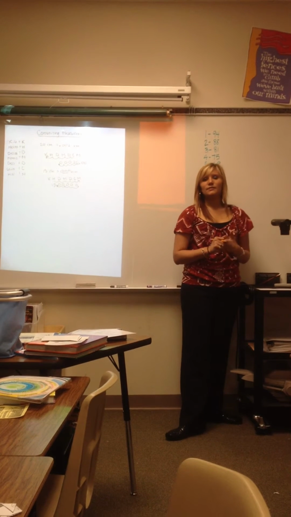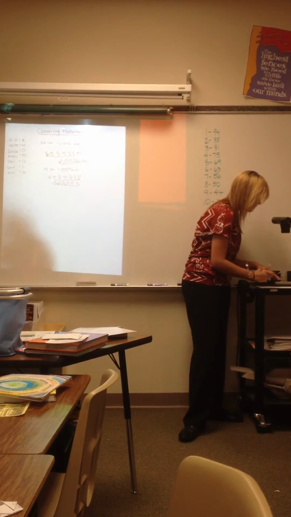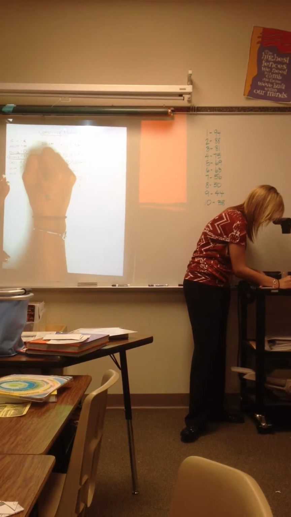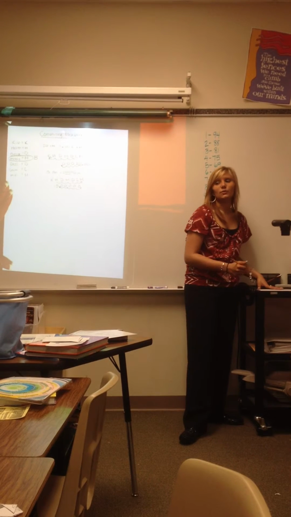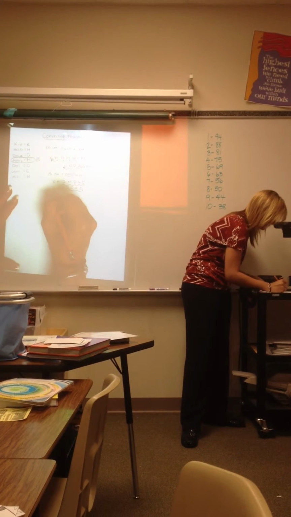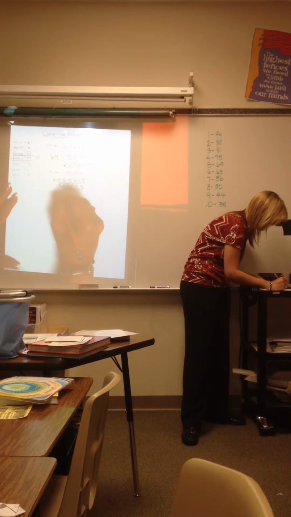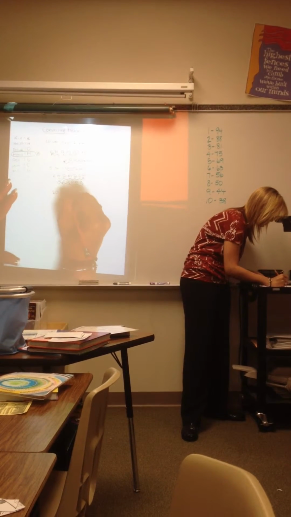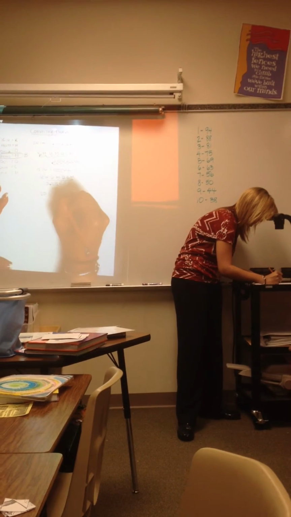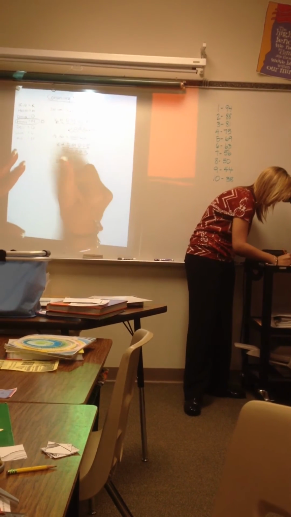This time, instead of using meters, we're going to use liters, okay? So remember, the middle one right here is our base, and we can interchange it with meters, liters, and grams, okay? So we're going to do liters. Let's do 20 liters equals how many centiliters, okay?